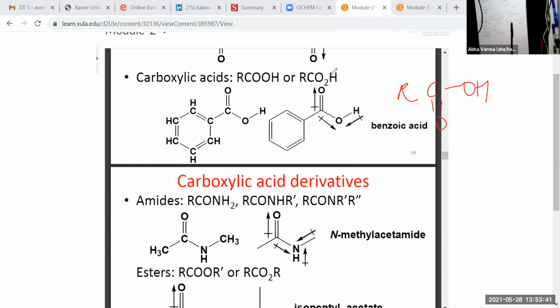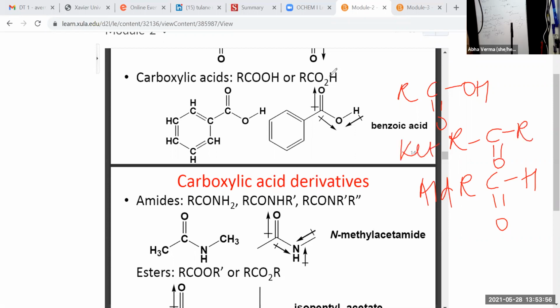So far we have seen R with a carbonyl and an H. What is that? Aldehyde. We have an R with the C double bond O and another R, which is a ketone. And then you have the carboxylic acid with the R, CO, and the OH.